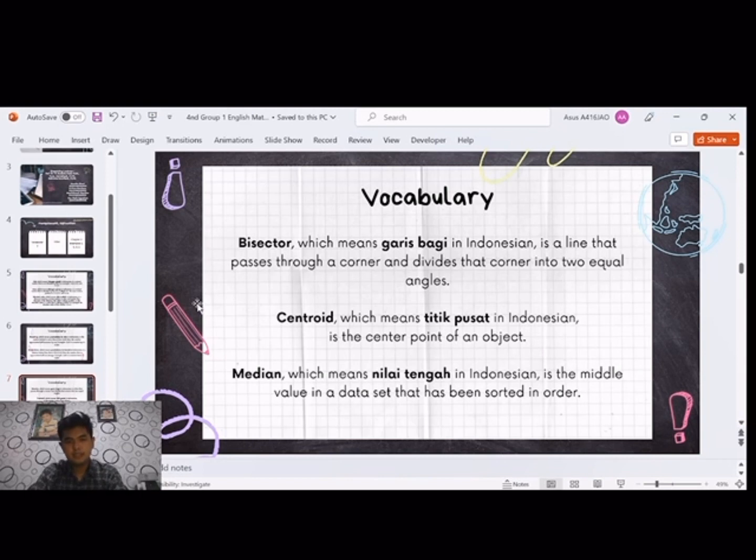Next, centroid, which means titik pusat in Indonesian, is the center point of an object. Next is median, which means nilai tengah in Indonesian. It is a middle value in a data set that has been sorted in order.